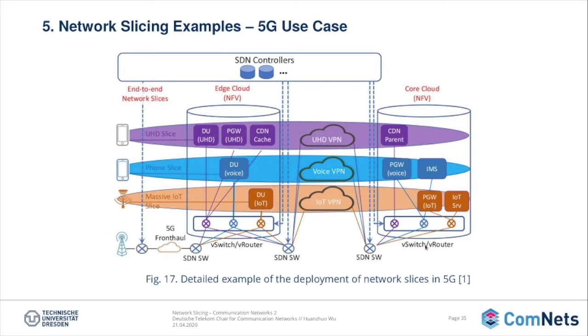SDN tunnels are built between each virtual machine in the core cloud and the data center gateway router. The gateway router then performs mapping between this tunnel and the corresponding VPN. The concept is the same in the edge cloud and allows building the end-to-end slice required for different services.